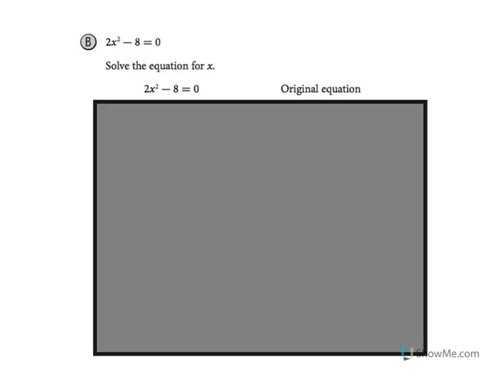Right, and then part B, solve for x. Similar to the previous example, we're going to add 8 to both sides. So we have 2x squared, negative 8 plus 8 becomes 0, equal to 0 plus 8 gives us 8. Divide by 2 on both sides of the equation.